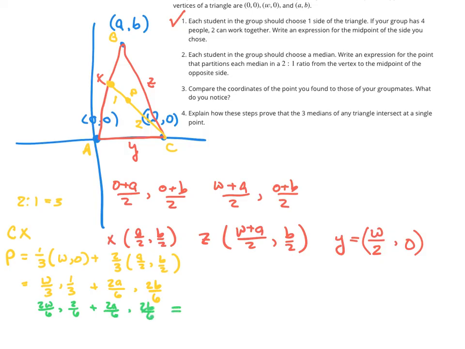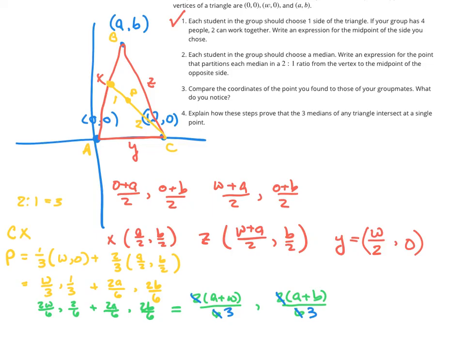If I add those together, the x coordinate will be 2A plus W over 6, comma, 2B over 6. If I simplify that, I get A plus W over 3, comma, B over 3.